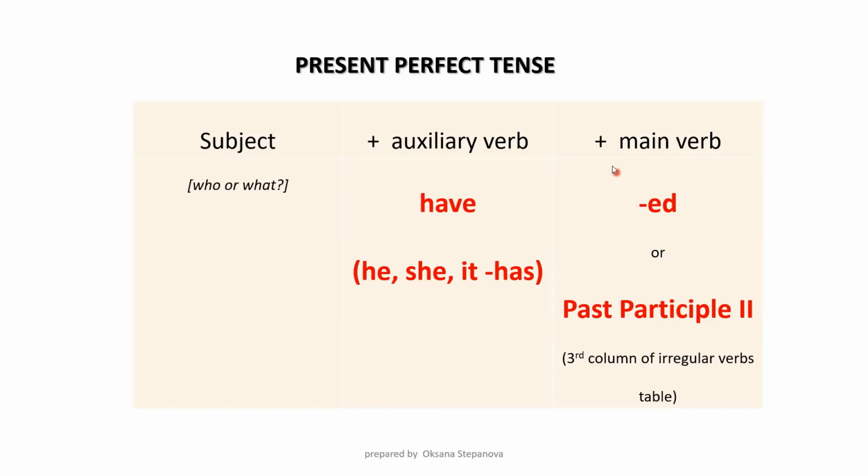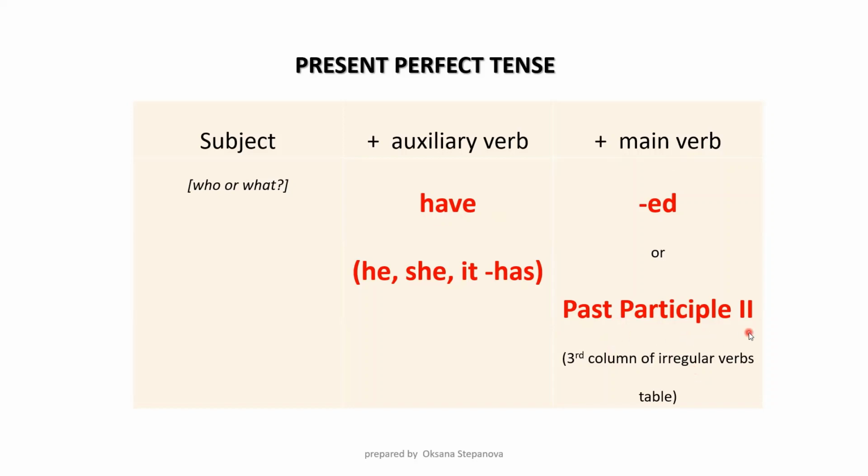And then main verb. After have, we have main verb, which has the meaning, plus we add the suffix ed for regular verbs and the third form of irregular verbs, which is past participle.